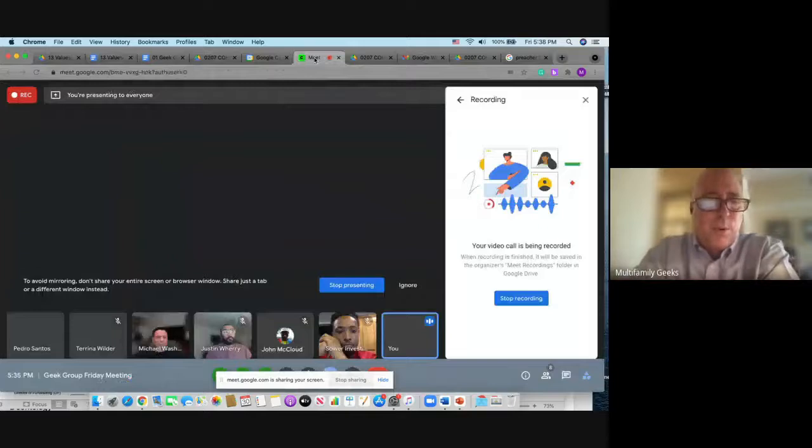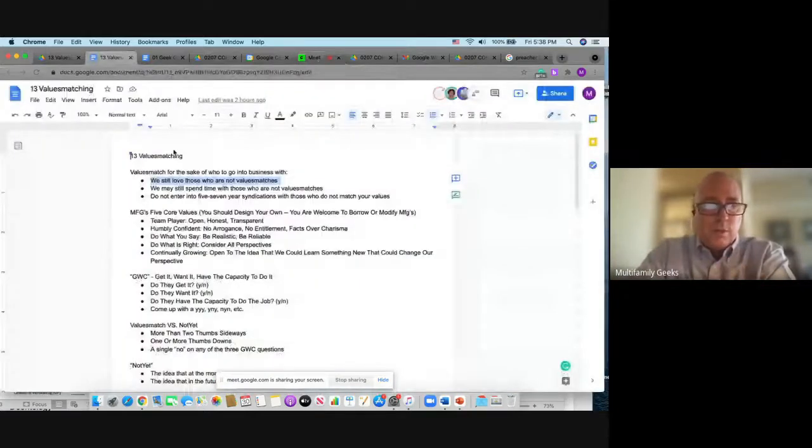And I always use an example. Let's say we set our values and then we evaluate another person. Let's say it's a family member, a brother, a sister, a mother, a father, somebody we absolutely love. We can be not a values fit with them, but still love them, okay? I want you to understand that totally.